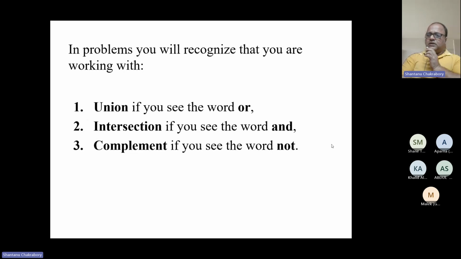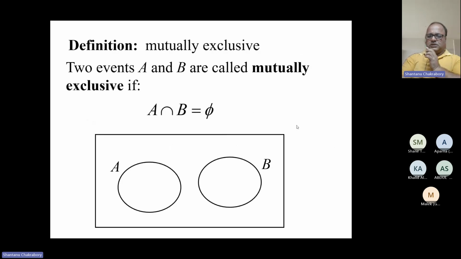So now we know that union, intersection, and complement will help us in recognizing how two different events occur. So when can we tell that two different events A and B are mutually exclusive? We can tell the event A and the event B are mutually exclusive if their intersection is null.